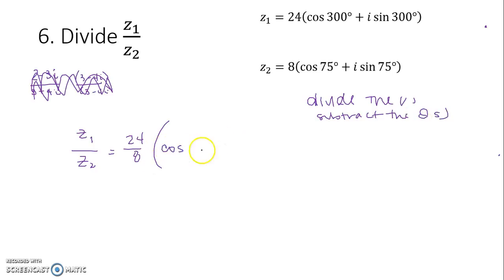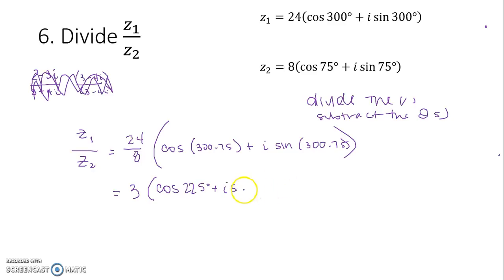So times cosine, and then I'm going to subtract these. So 300 minus 75 degrees plus i times sine, and again it's 300 minus 75 degrees. 24 divided by 8 would be 3. 300 minus 75 is 225 degrees. So I have 3 times cosine 225 plus i sine of 225.